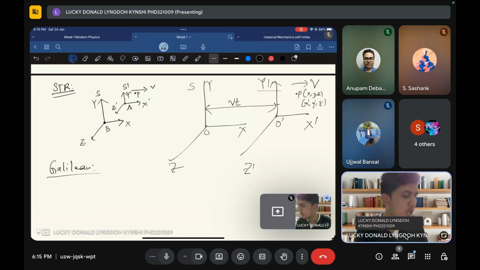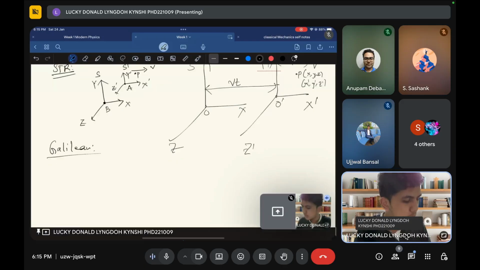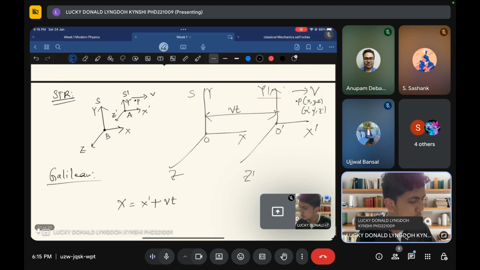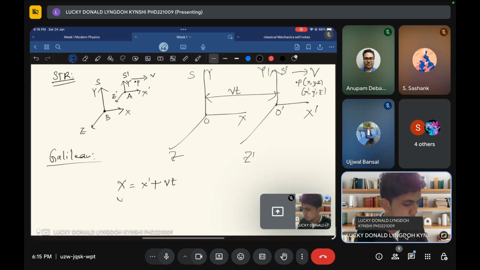According to Galilean, x is equal to x prime plus a term, velocity times time, because your S prime frame is moving with a velocity v. Your y will remain the same because there is no velocity in the y direction, and z is equal to z prime.